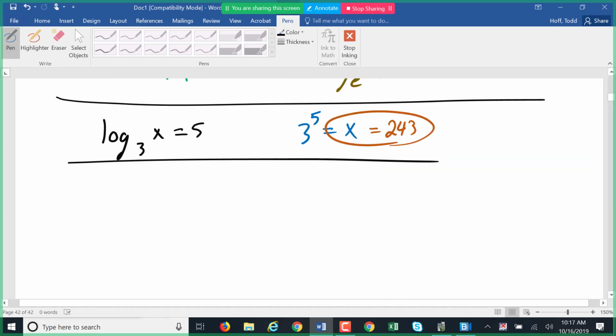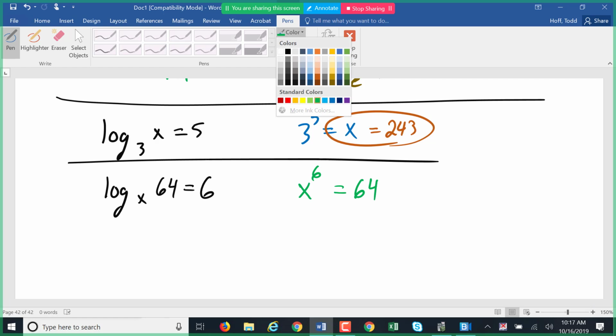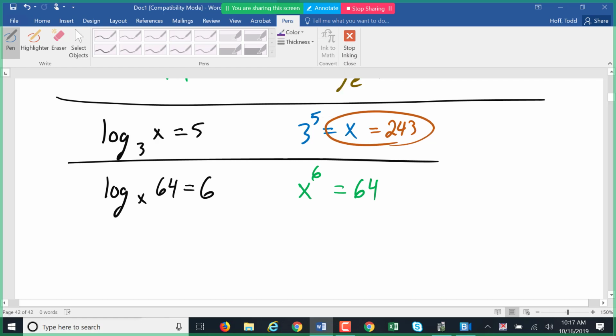I might have log base x of 64 equals 6. That's saying x to the power of 6 equals 64. It was beneficial to convert it into an exponential, even though we're not going to use the power to solve it, we're actually going to use a root.